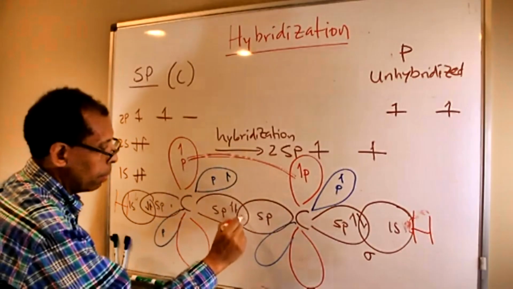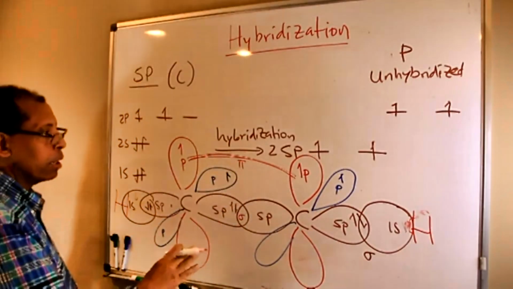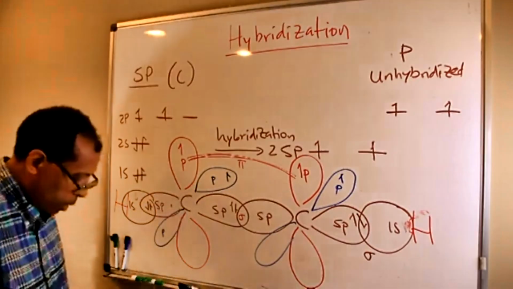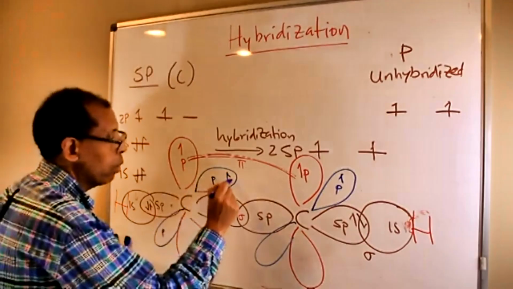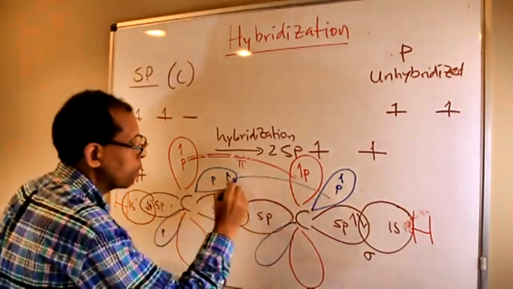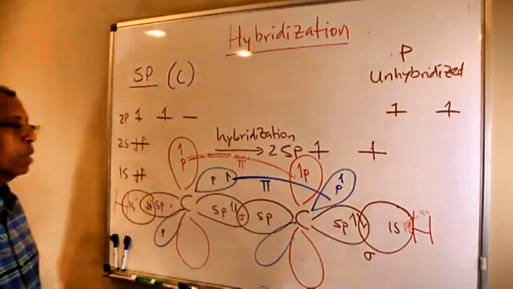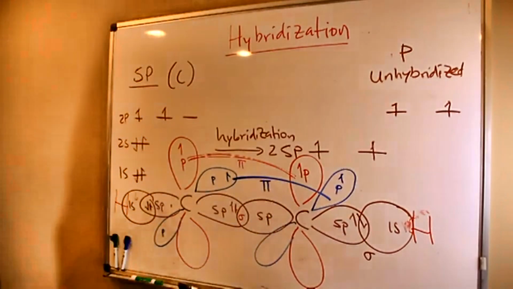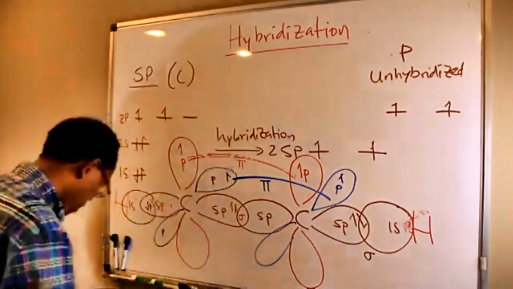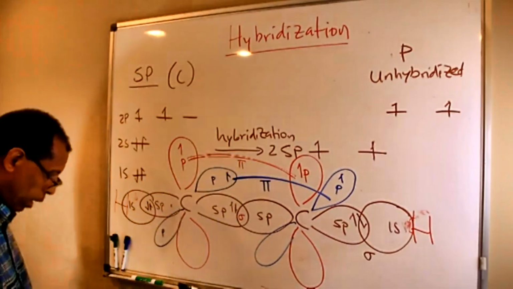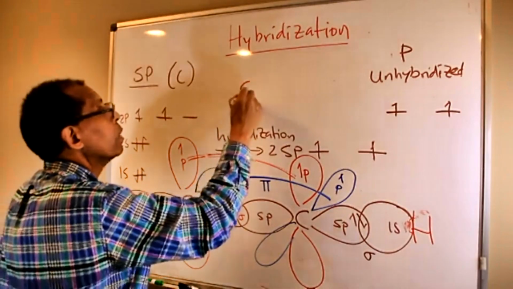This is a sigma bond. This is a pi bond. Furthermore, the other 90-degree oriented p orbitals also make a pi bond because it's a p overlap. So this is representing a molecule, acetylene, with sp hybridization. It looks like this.